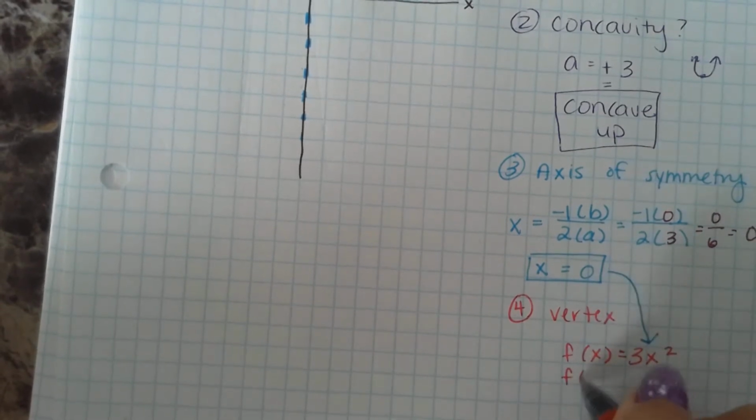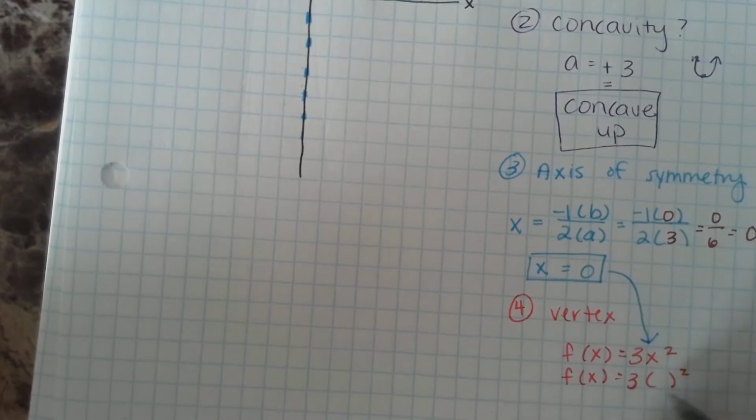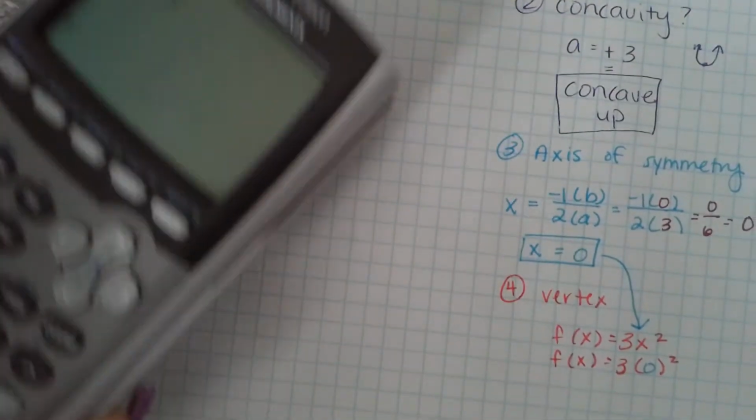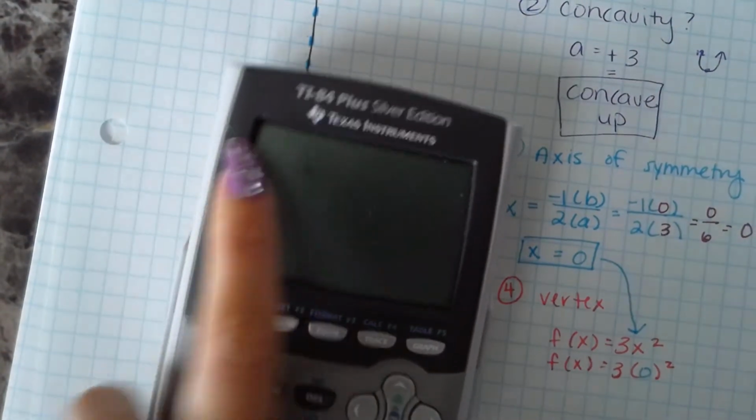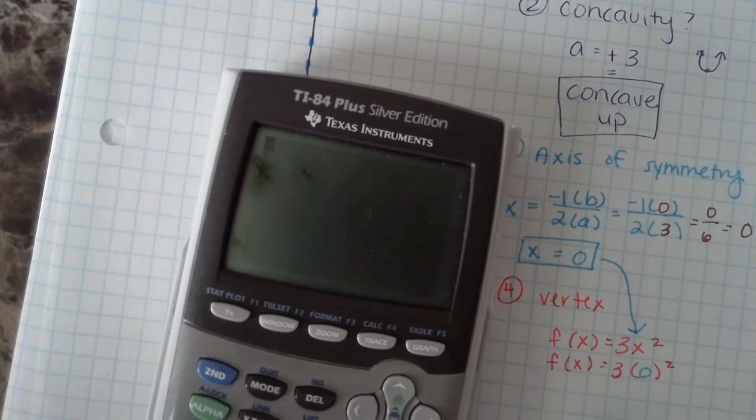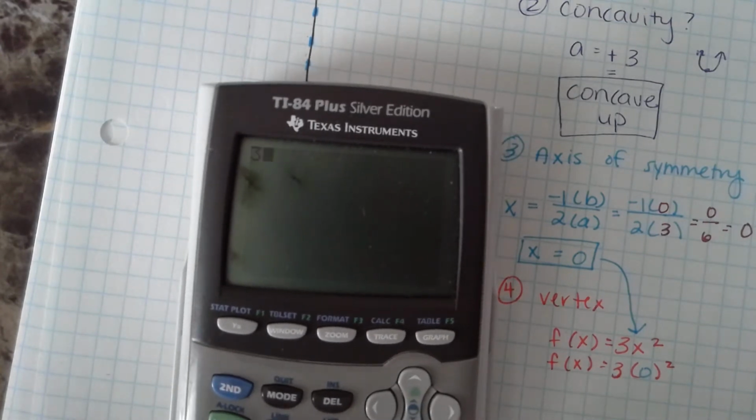So we're going to say f of x, or y, equals 3 times, and then we're replacing our x with a 0. If we want to put that into our calculator to check our answer, we say 3 times 0 squared.